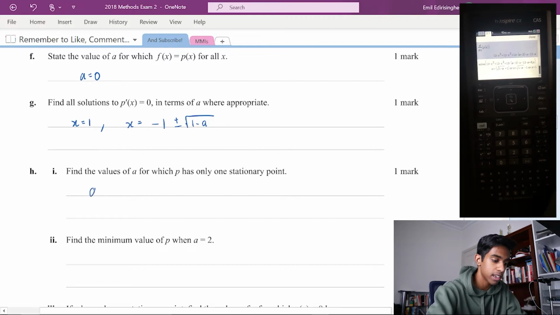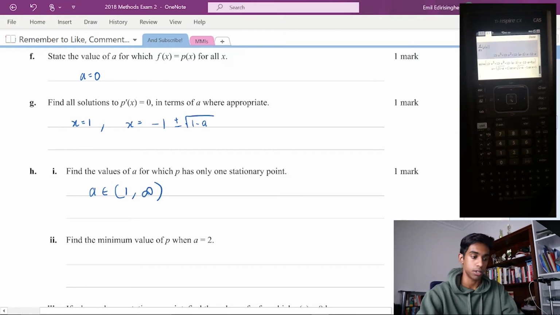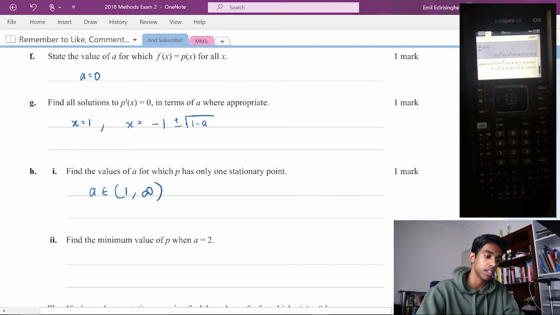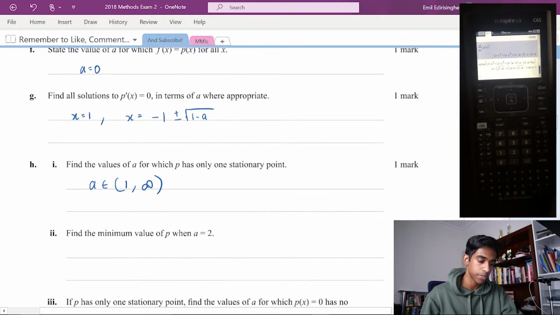So when a is an element of 1 to infinity. And the reason I can't include 1 is because if a was 1 here, then there would be 2 solutions, which is x equals 1 and x equals negative 1.